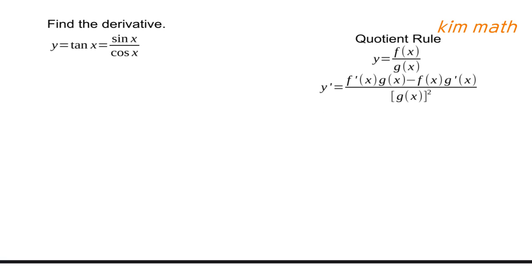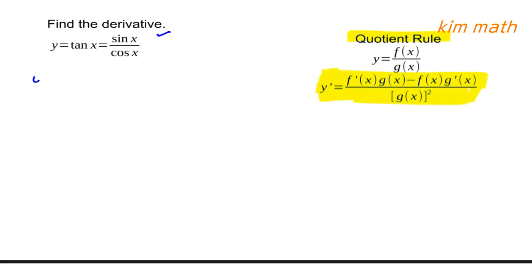We will use the quotient rule. I hope you remember the quotient rule. So if you have tan x, tan x is sine of x over cosine of x, right?